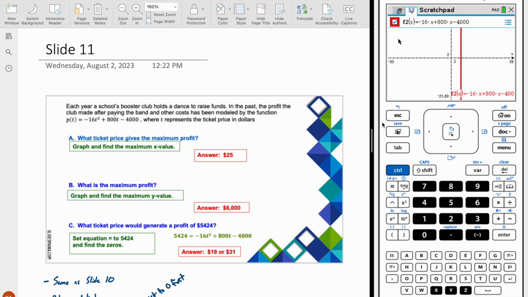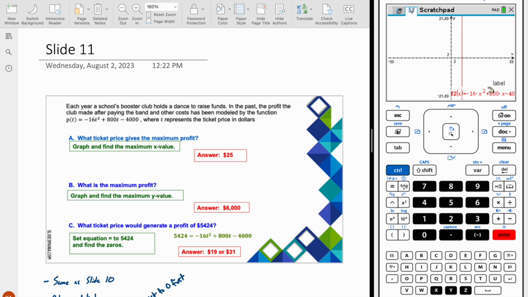Error over here should be squared. Now, as we can see, we see one line going straight up. And even though we know that this is a parabola because of it being squared, we're not seeing the entire graph.